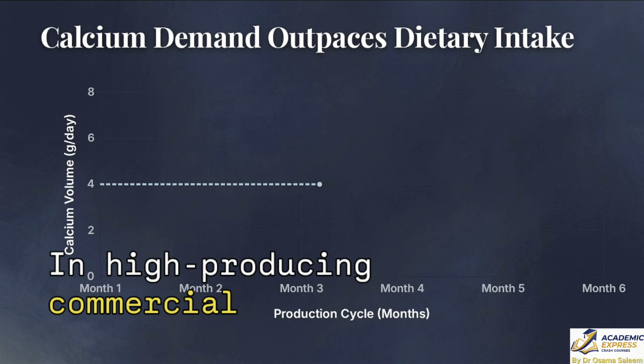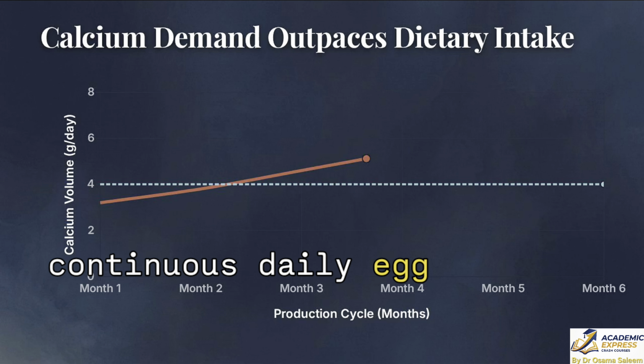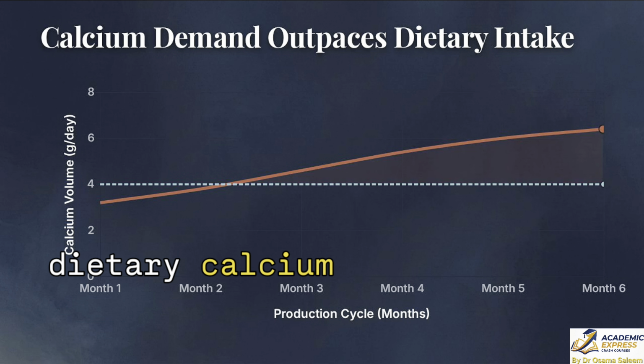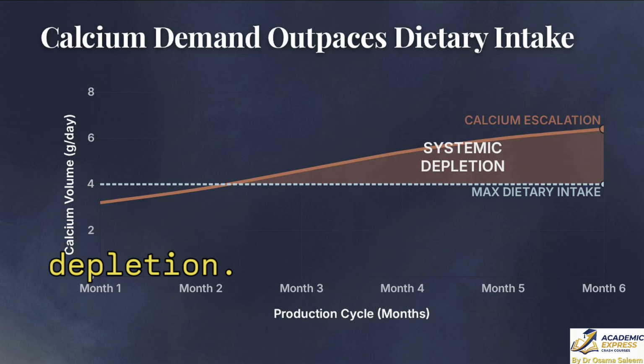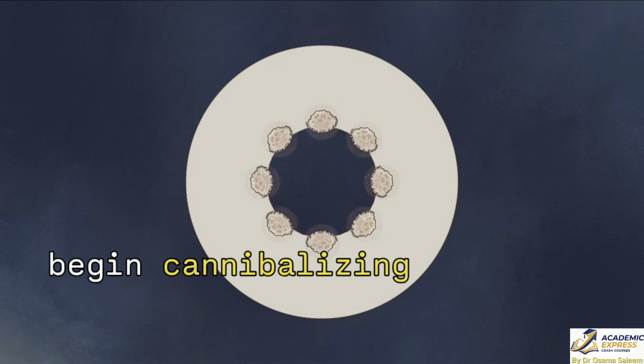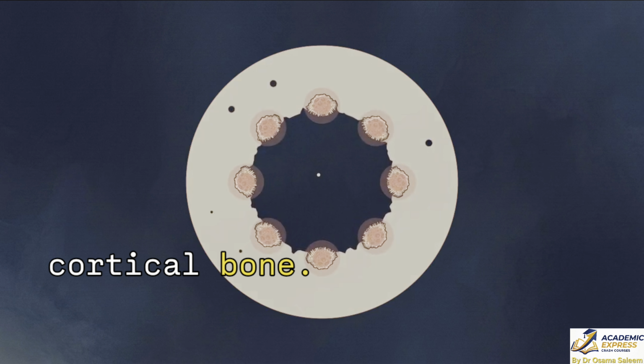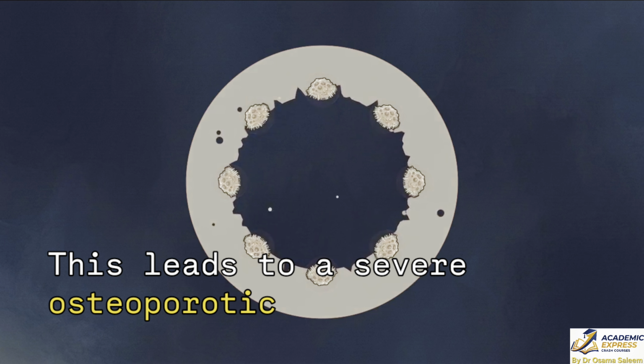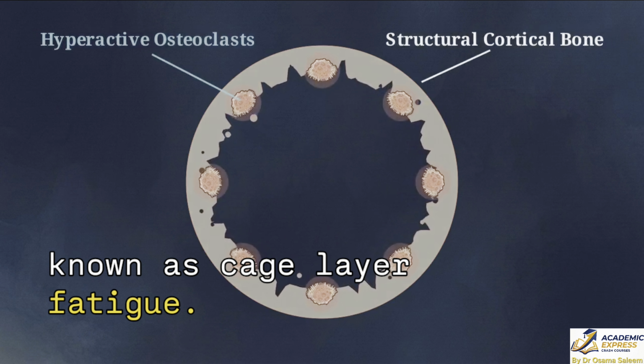In high-producing commercial laying hens, continuous daily egg production can outpace dietary calcium intake, causing systemic depletion. Starved for calcium, the hyperactive osteoclasts begin cannibalizing the bird's structural cortical bone. This leads to a severe osteoporotic condition known as cage layer fatigue.